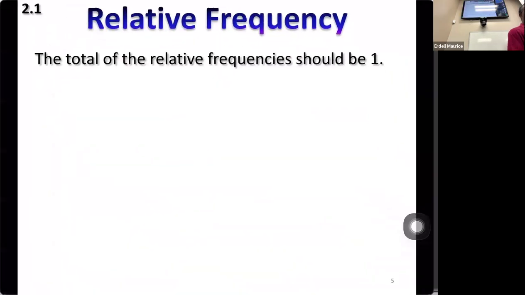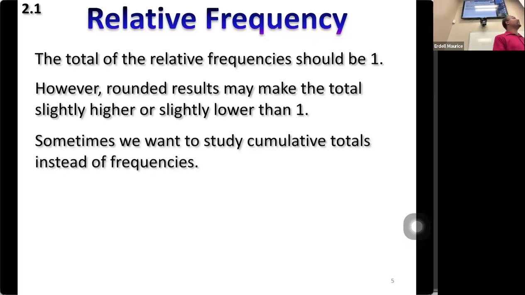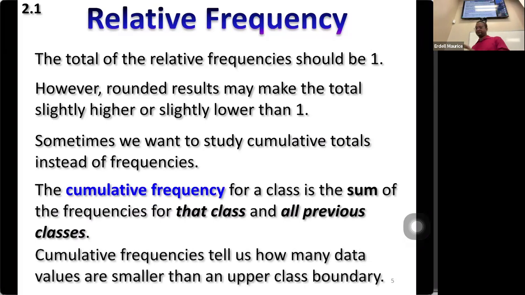There are certain rules that relative frequency follows. The first is that if you add all the frequencies, the answer should be 100% or 1. Sometimes, because of rounding error, we don't get 1, but that's all right. There's this thing called a cumulative frequency.